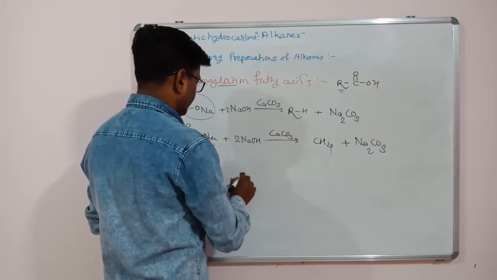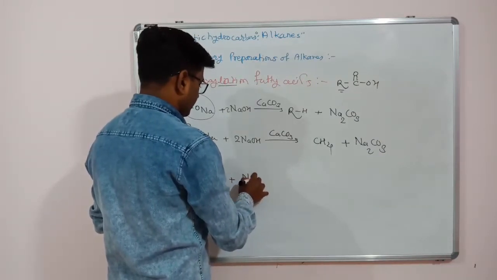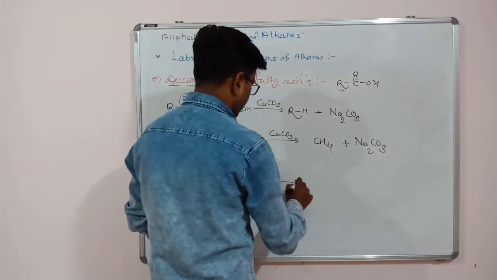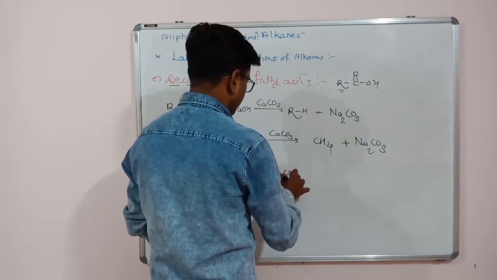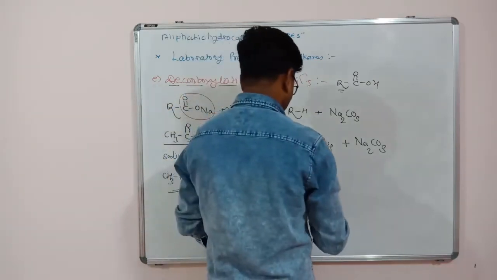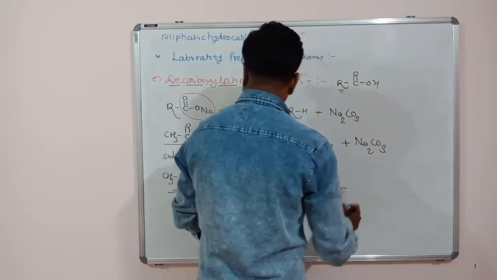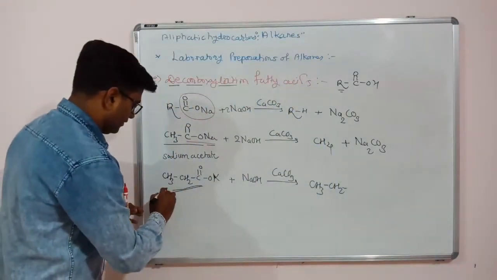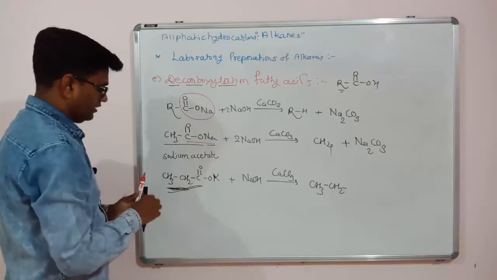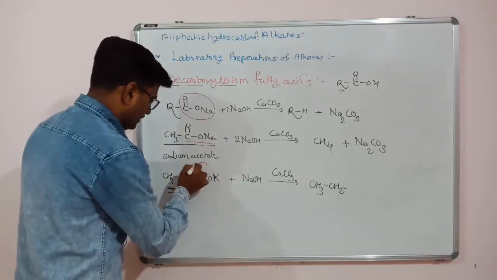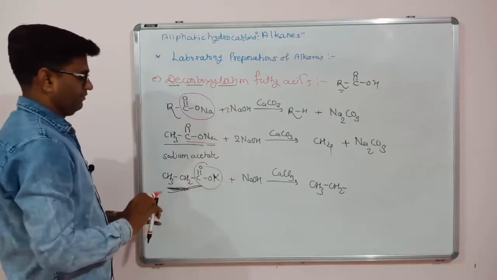If you are reacting with sodium hydroxide and calcium carbonate, then what we will get is CH3CH2. See here, these two carbons will form the alkane while this will leave.